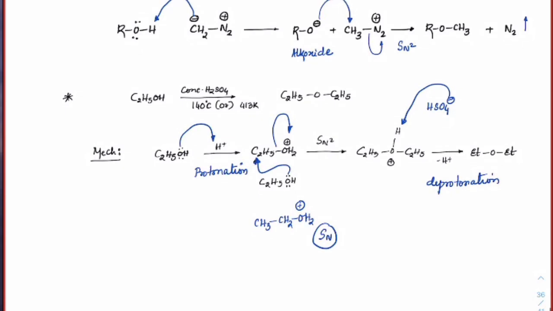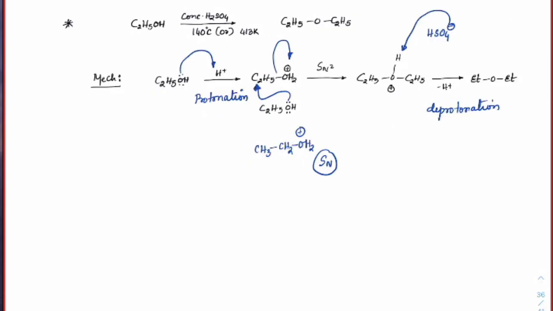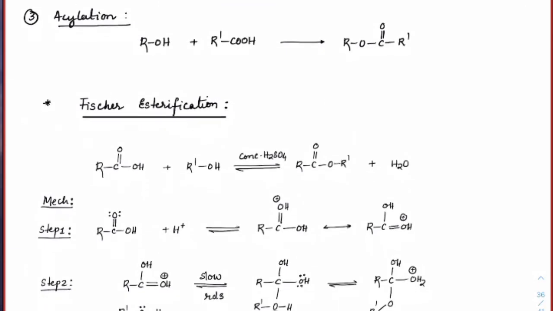Sir, it is an acidic medium now, so deprotonation is not favorable. See, these reactions are all reversible. If the reaction is only asked about the preparation of ethers, then we will say deprotonation is done. So we are discussing oxygen and hydrogen bond breakage, in which first we have seen alkylation. Now we will see acylation reactions.